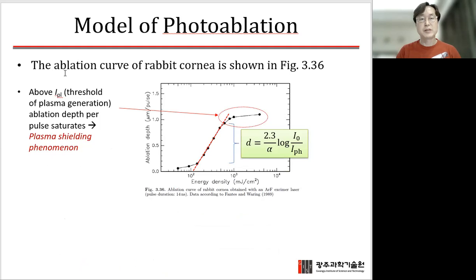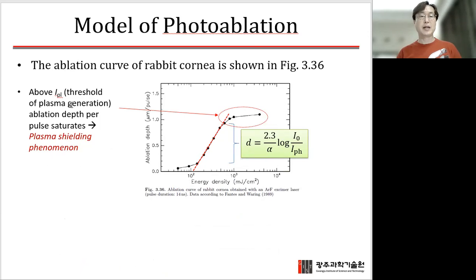So this ablation curve of the rabbit cornea, which you have seen here, the lower part is because of that. But in the higher energy density area, it is also not following this simple linear equation. Above this I_PL, PL means the plasma, and I_PL means a threshold for the plasma generation.